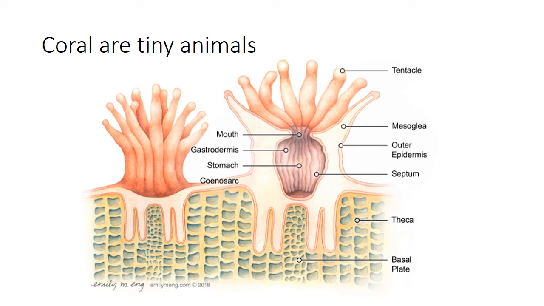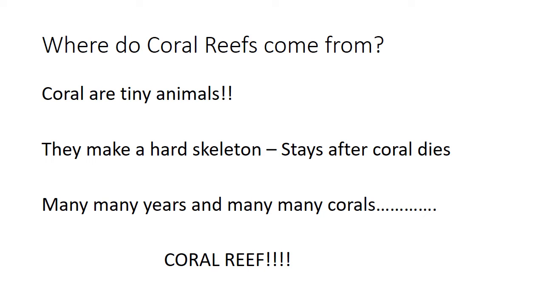Coral are tiny animals. That may surprise you, but they are rather like jellyfish, except that coral have very hard skeletons. You can see the skeleton in the bottom of this picture. Corals make their hard skeleton during their life.